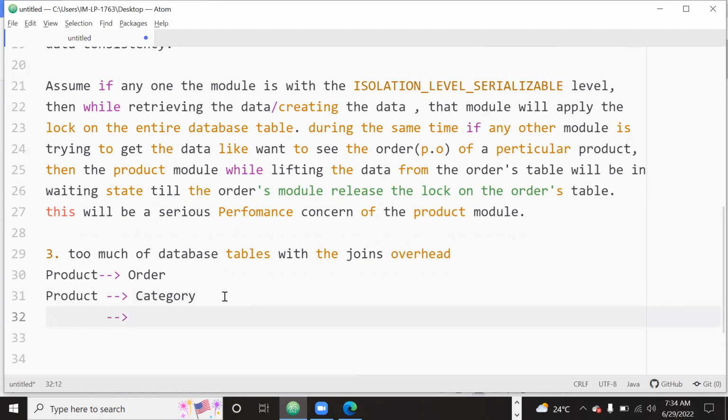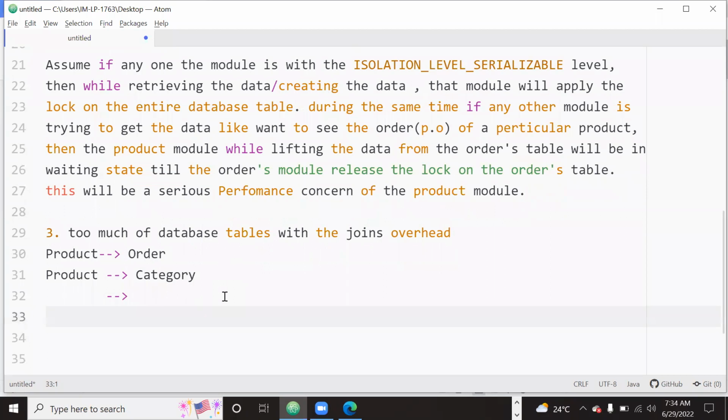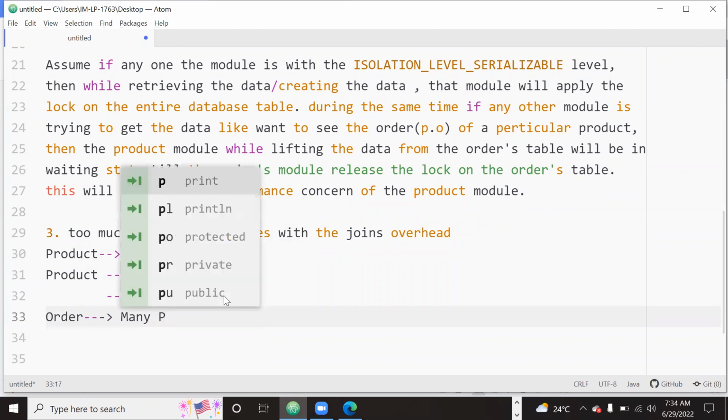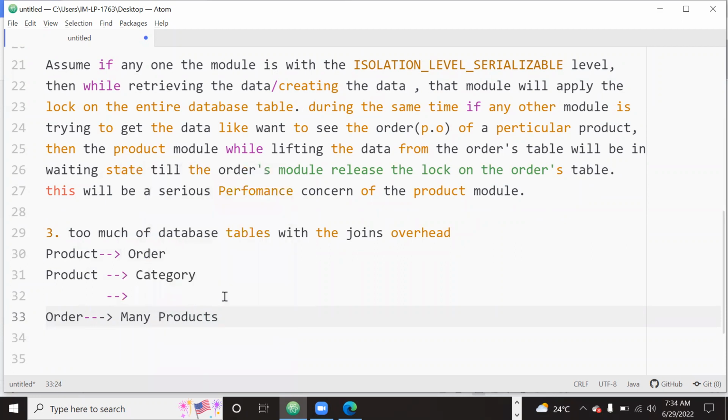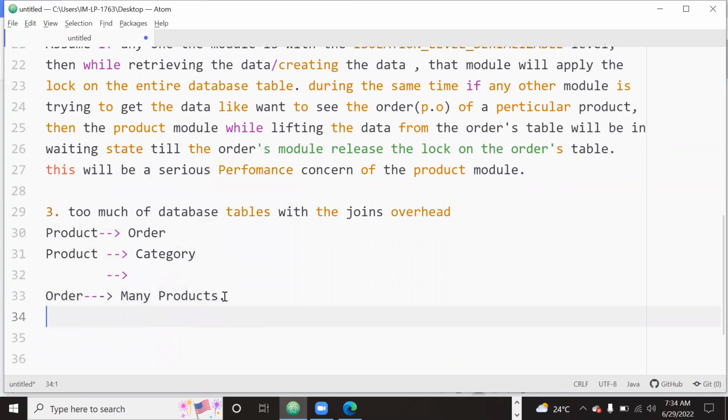So minimum one order, and then one order contains many products. Maybe we can take a single order copy, where we might have ordered many products inside it, right?